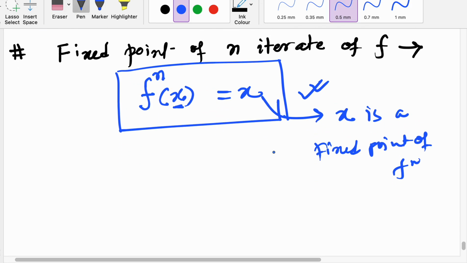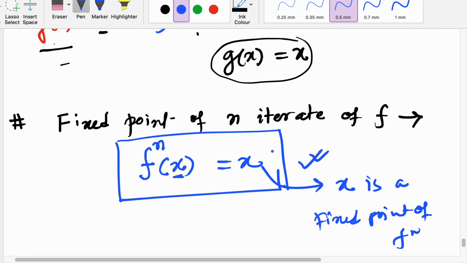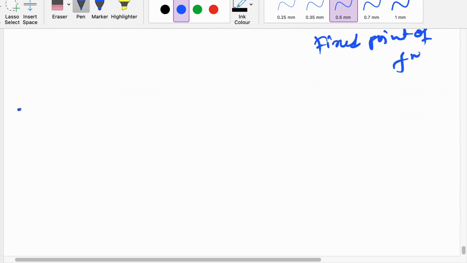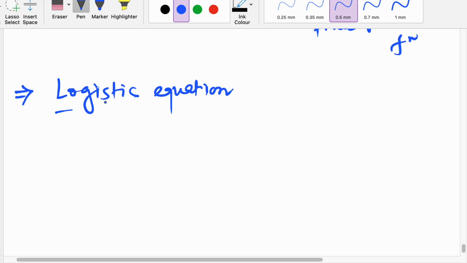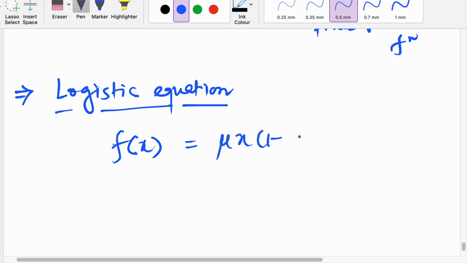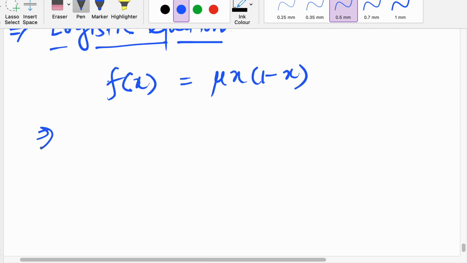And we have seen that if we have, suppose, the logistic equation, it becomes very hard to solve the equation by hand. So you can see that f of x is mu times x times 1 minus x. Now what will be f square of x?